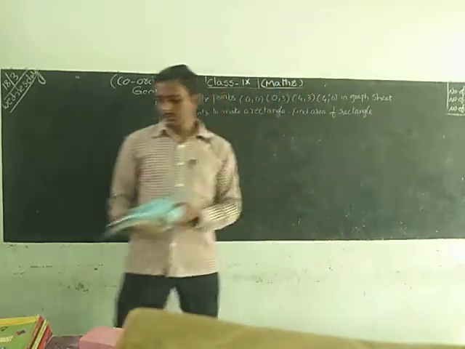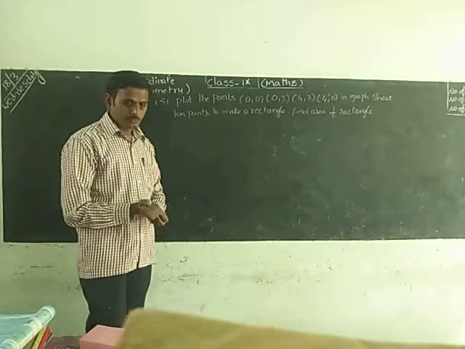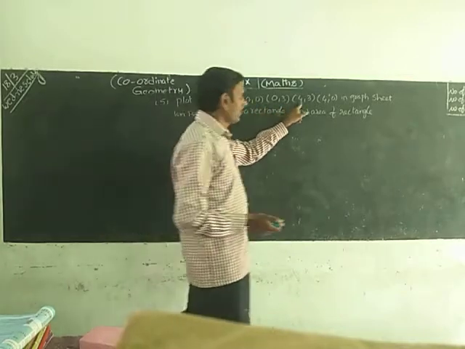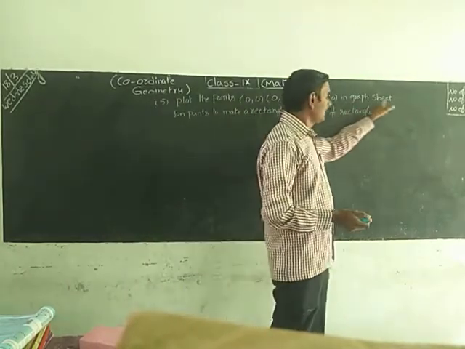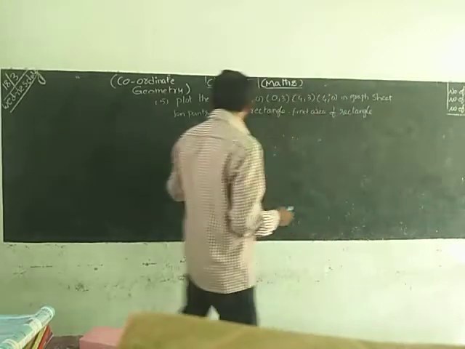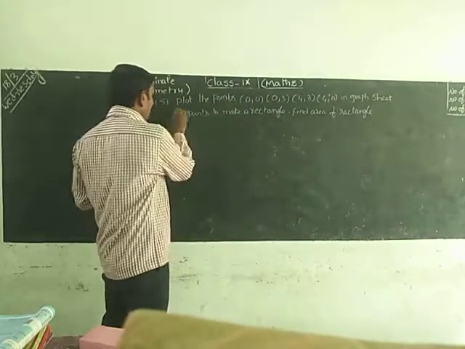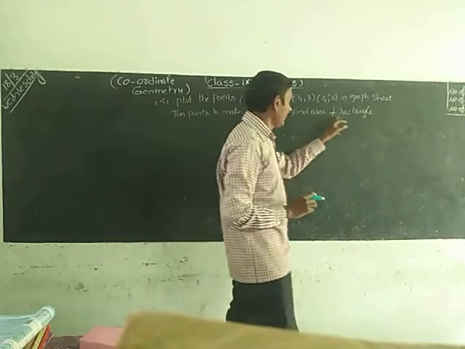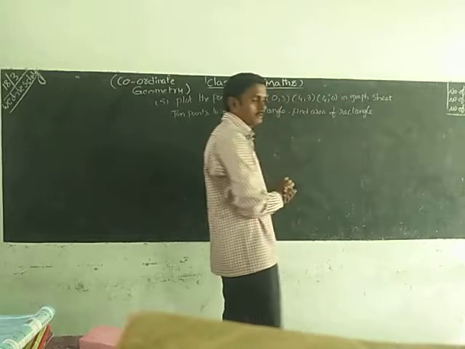This is the question given to you: plot the points 0,0; 0,3; 4,3; 4,0 on a graph sheet. Join them to make a rectangle. Find the area of the rectangle.